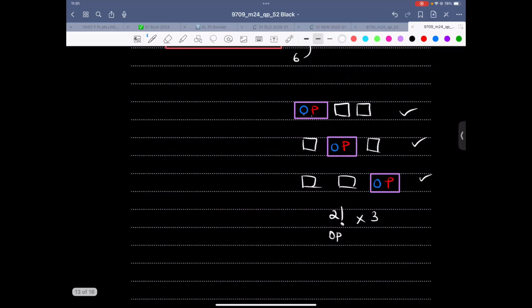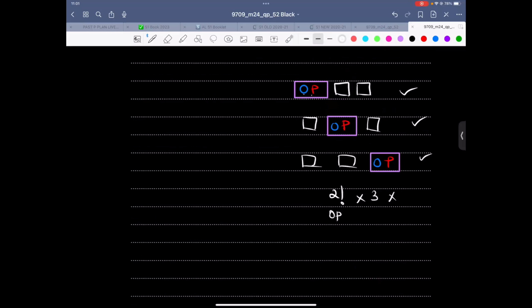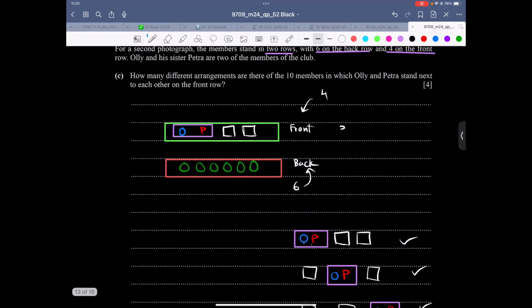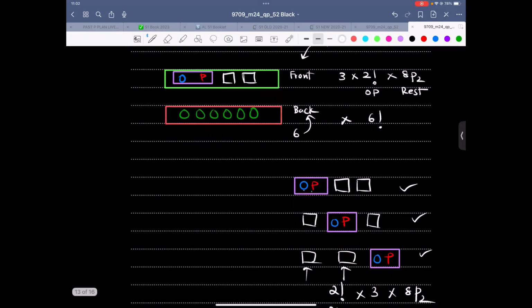That is done. And who will come over here? That is 8P2. Out of 8, 2 can come. So for the front row, this is 3 into 2 factorial for OP into 8P2 for the rest. That is the front row, multiplying with 6 factorial. So that is the answer.